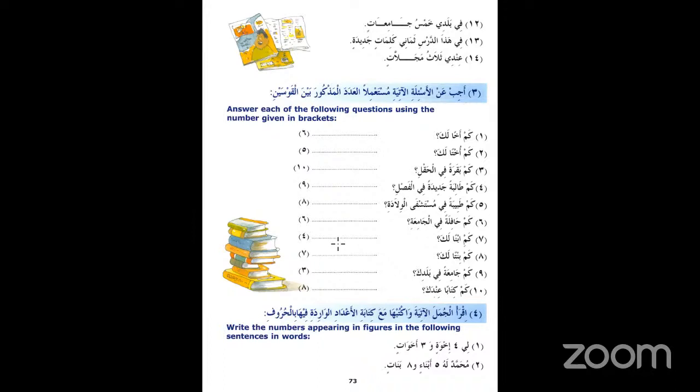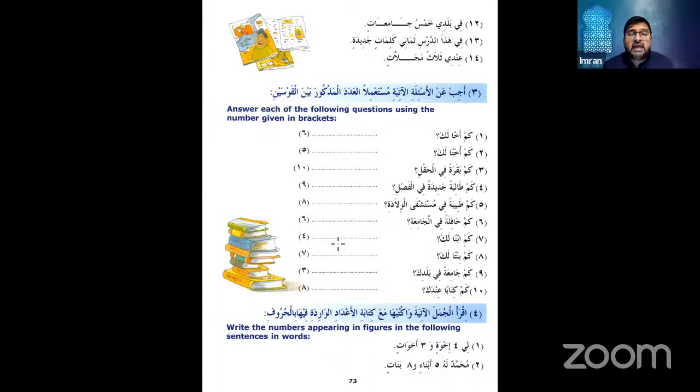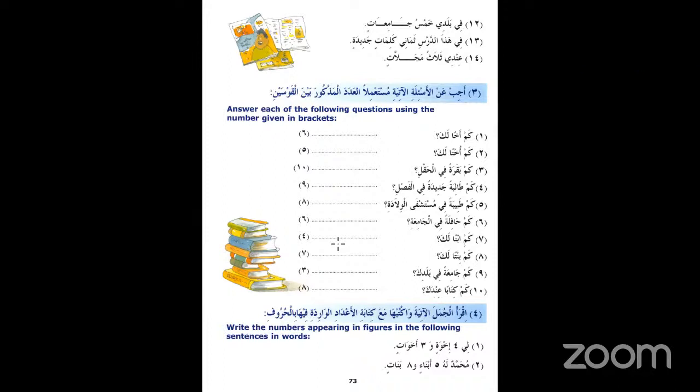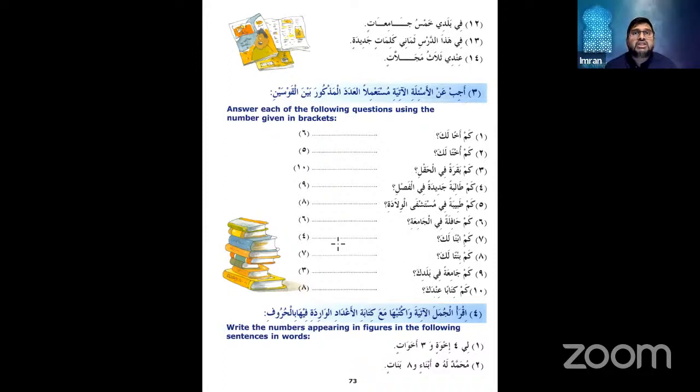So the masculine number will be. No, 10, ashru. Ashru is the masculine number, and asharatu is the feminine.